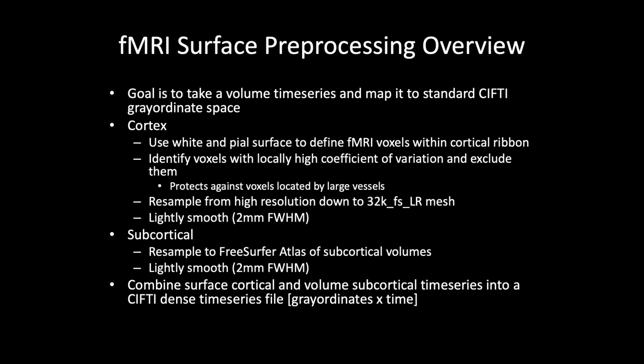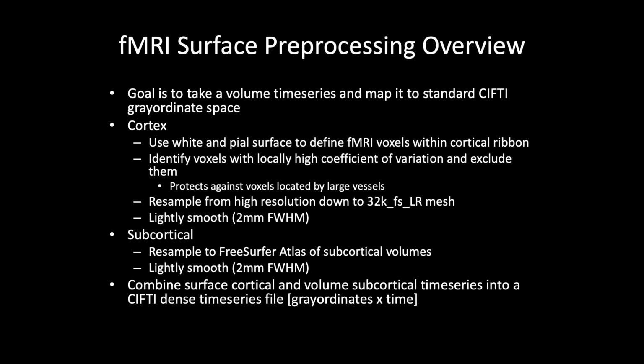So the idea here is that we take this volumetric time series and map it into that grayordinate space that Chris talked about last time. As far as the cortex is concerned, you're using the white and the pial surface to define where the fMRI voxels are within your cortical ribbon. Whereas with your subcortical, you're still talking about a volume. And what's nice about this CIFTI file format is that you can have both styles of information in the same file, so you're not juggling two different types of files.